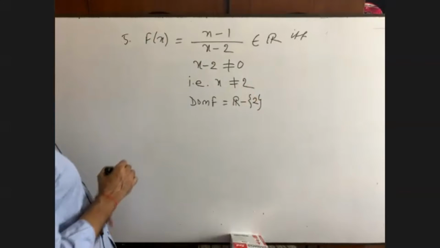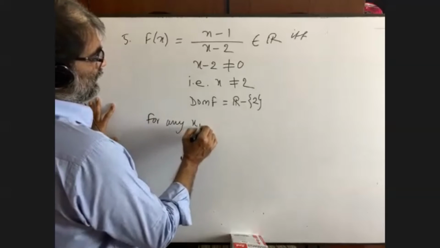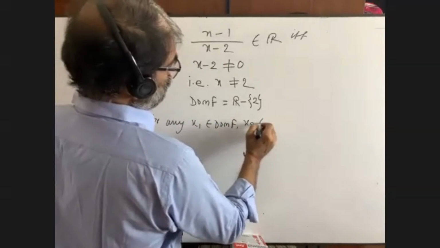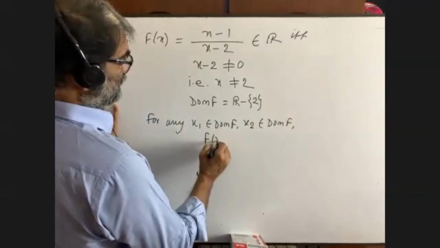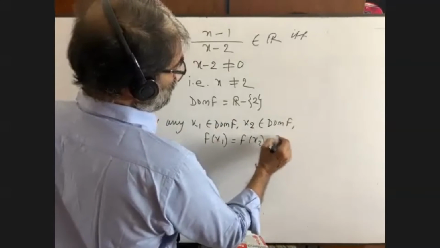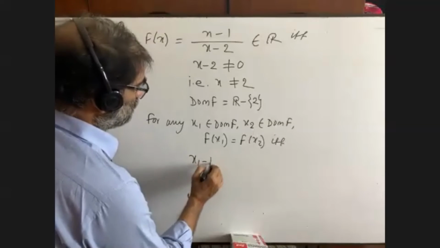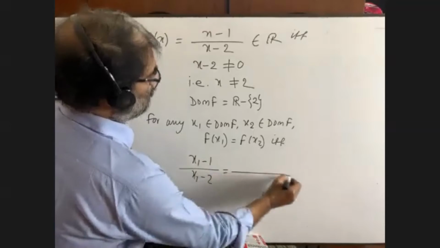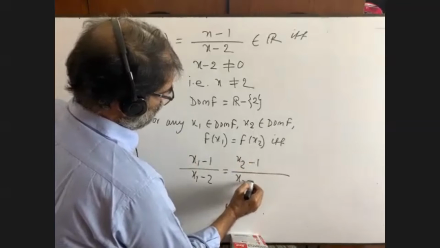Is it okay? So you write down for any x1 belongs to the domain of f, x2 belongs to the domain of f, f(x1) is equal to f(x2) if and only if, you put the value here, we are getting (x1 minus 1) by (x1 minus 2) is equal to (x2 minus 1) by (x2 minus 2).